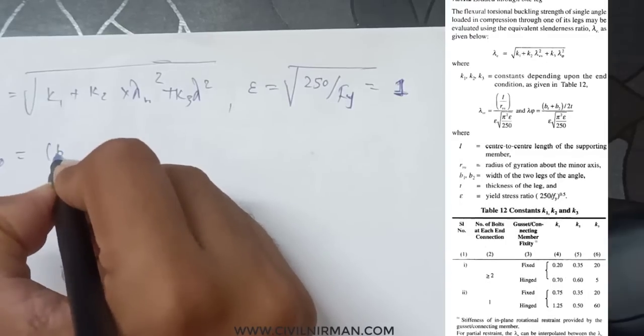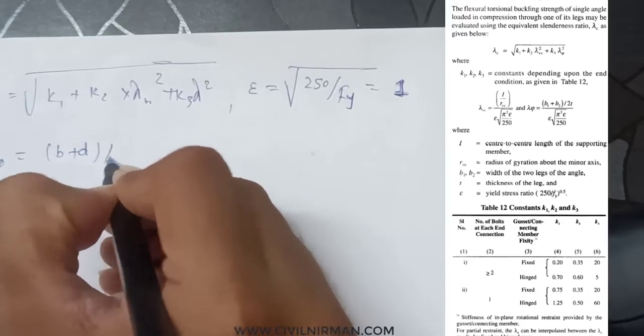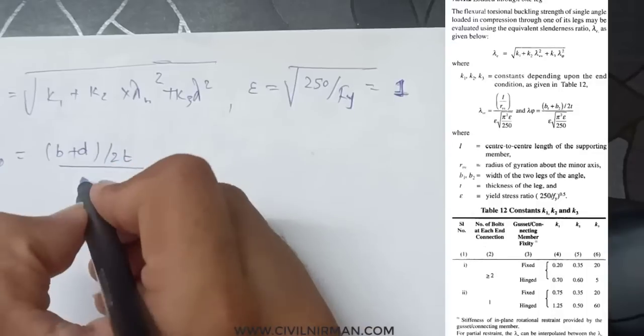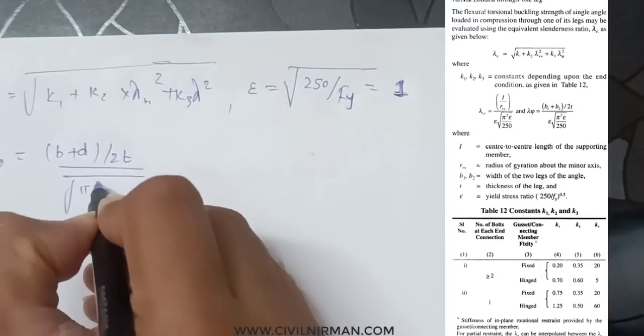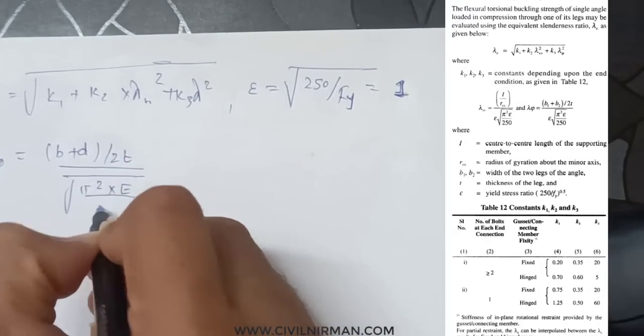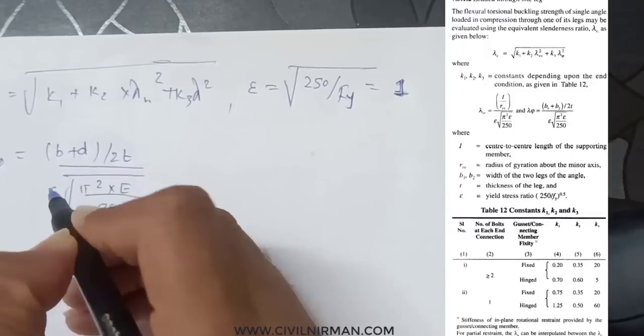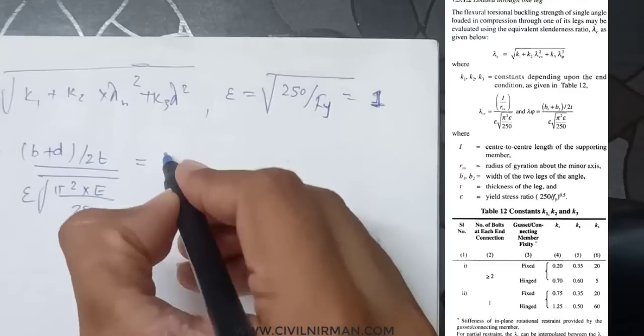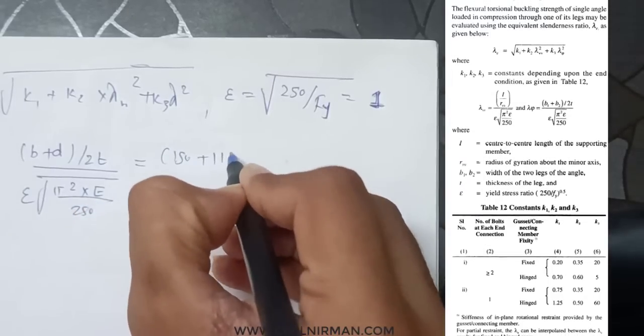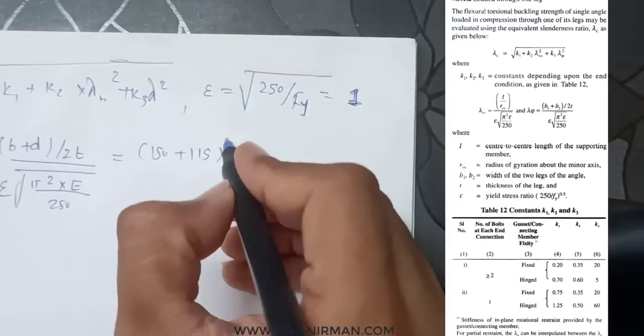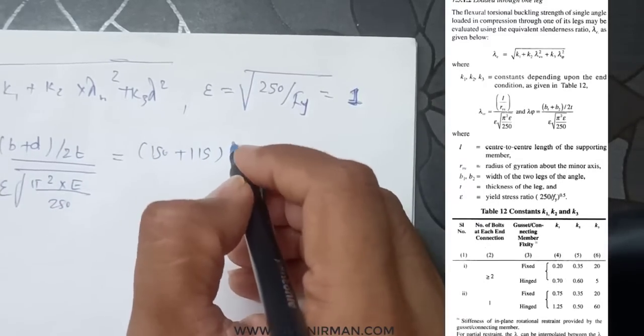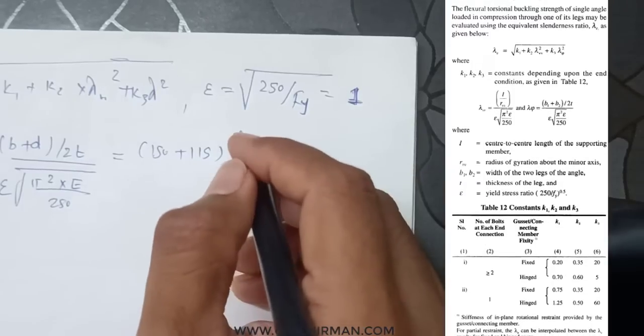So (b + d) / 2t divided by π² E / 250 ε. Okay, so that's the equation. I'll work out the values for our angle profile. You have b and d from your angle profile. What is our angle profile?